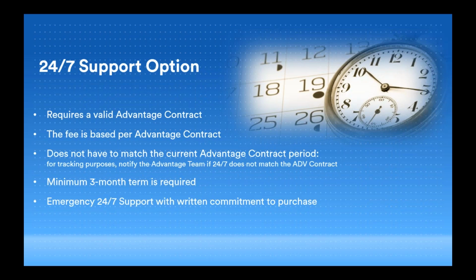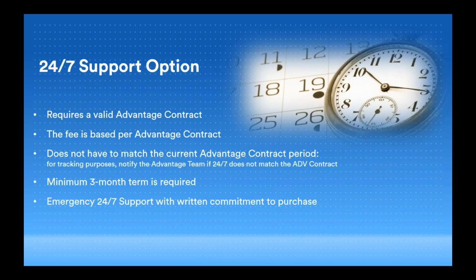This support option does not need to match the current Advantage contract period, but we do ask that there is a minimum of a 3-month requirement for the term of the support option. And the 24/7 support is available as an emergency option.